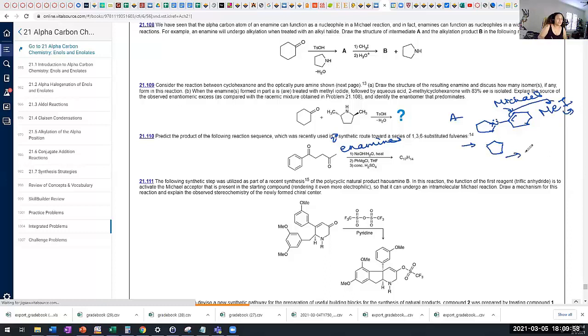We end up with this thing. We're going to end up putting a ketone where that nitrogen was, and that methyl picked up the methyl next door to the carbonyl once this thing opens up. So B would be that structure.